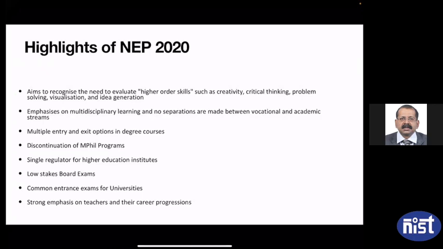Higher education, particularly in India, is very compartmentalized. And we start this compartmentalization at a very early time. For example, in school after class 10th, we talk of science, arts, commerce, which are highly compartmentalized.